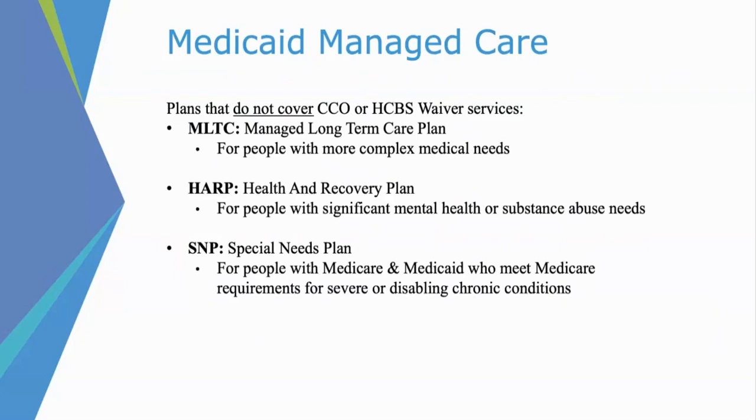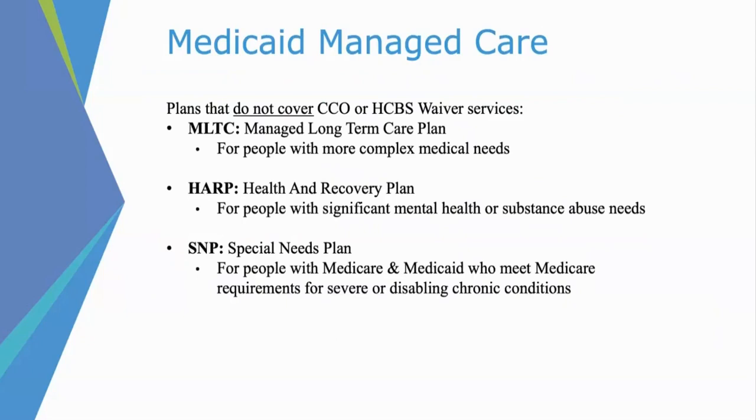This slide here on Medicaid managed care plans discusses the plans that are not compatible with CCO or HCBS waiver services. Those are MLTC plans, managed long-term care plans. For people with more complex medical needs, they might choose one of these plans. HARP, health and recovery plans, are for people with significant mental health or substance abuse needs.